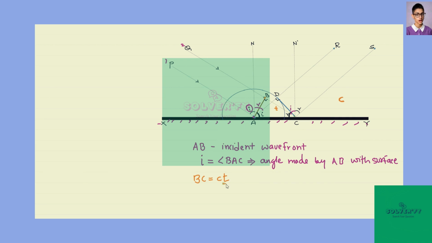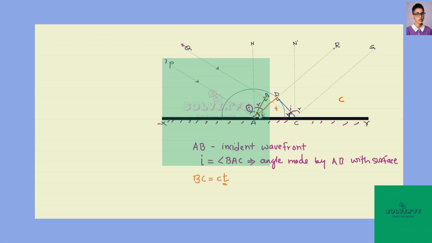And during this time T, the secondary waves from point A will cover the same distance as BC, that means CT.